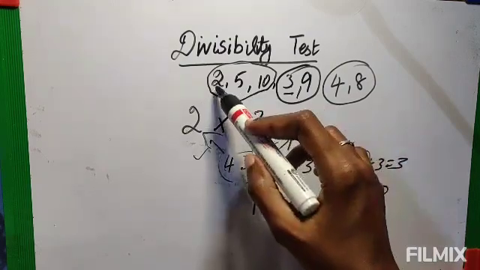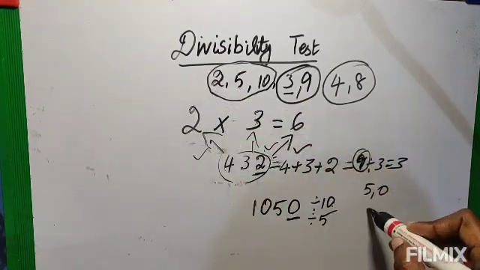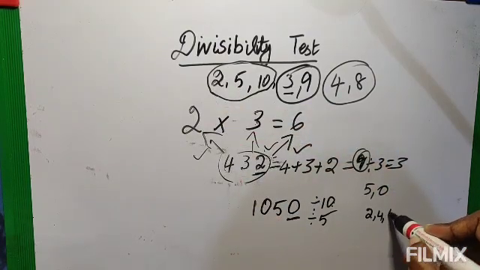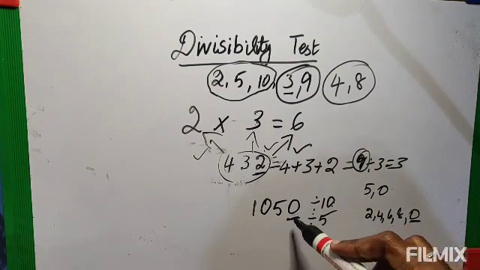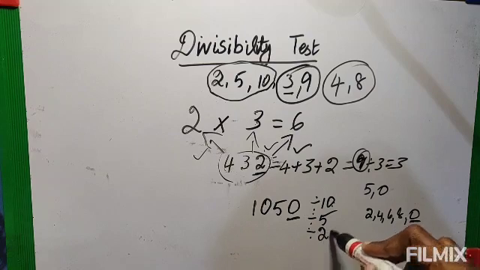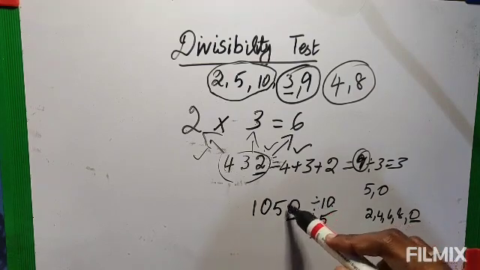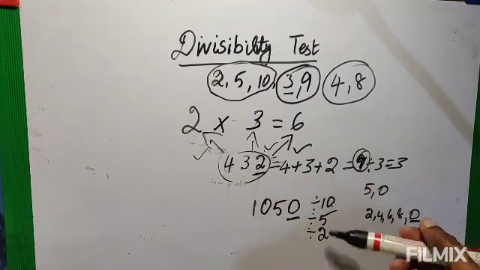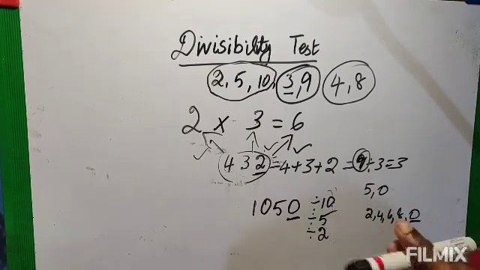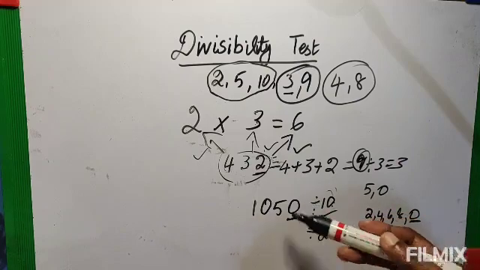Again for 2, if it ends in 2, 4, 6, 8, 0, then it is divisible by 2. So if the last digit is 0, then it is divisible by 2, 5 and 10. All these 3 numbers can divide this number.